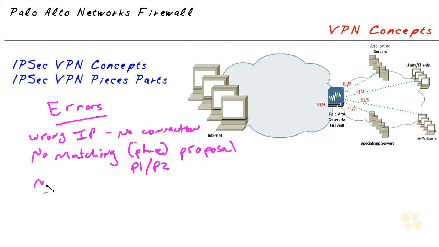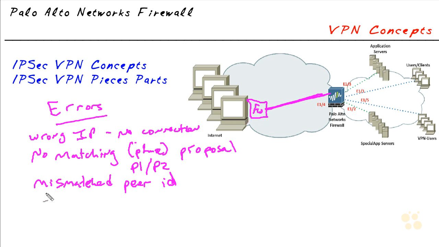We may also have a mismatched peer ID. And this simply happens when you pick a different address than the other side thinks it should be picking. So when my source IP address does not match your destination IP address, or vice versa. So everything in there from what we're configuring on either end must inversely match if we want things to work properly in there. All right, so that's kind of the interesting part for it.